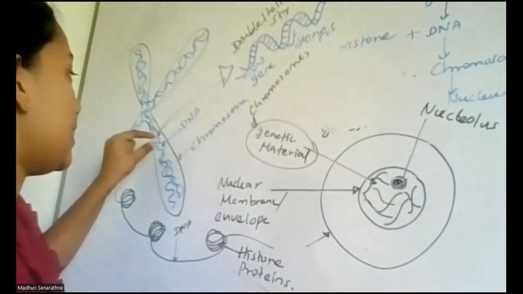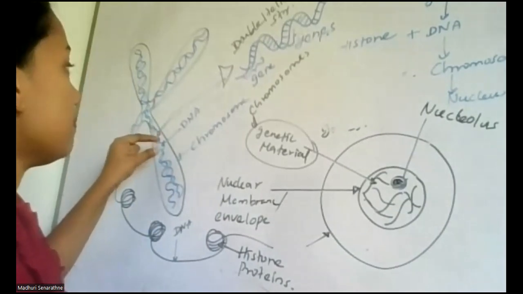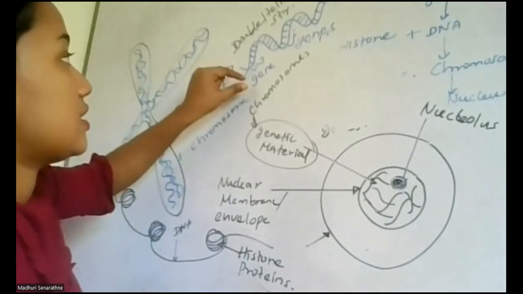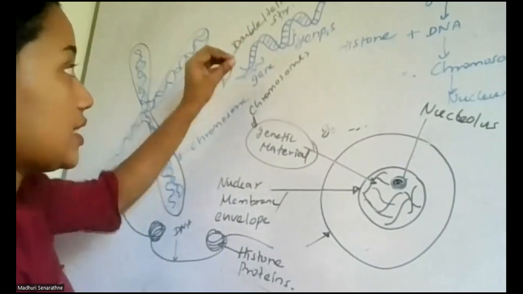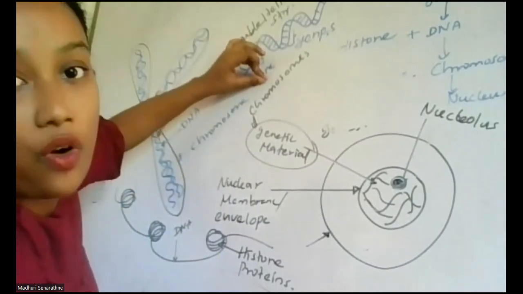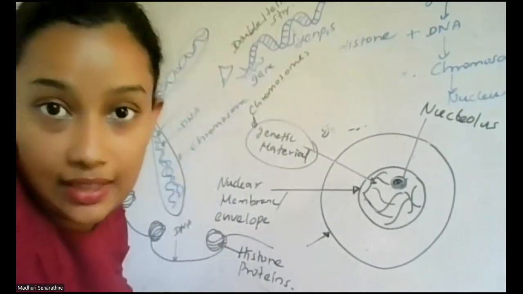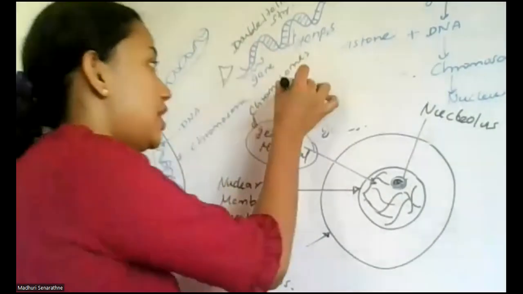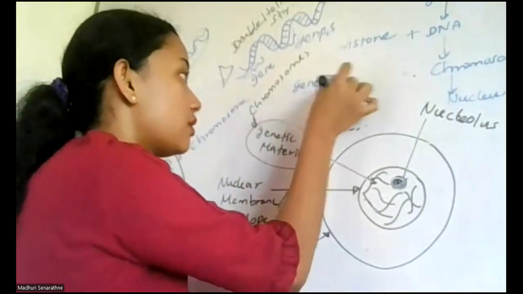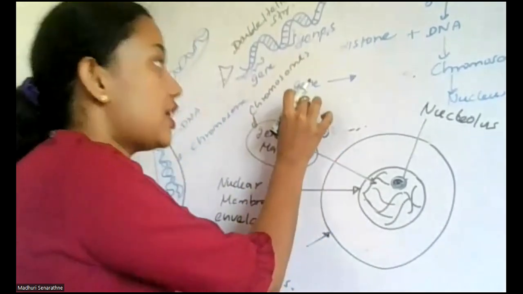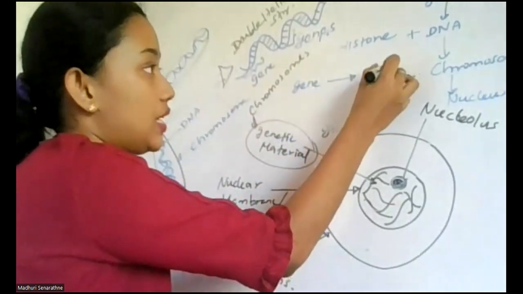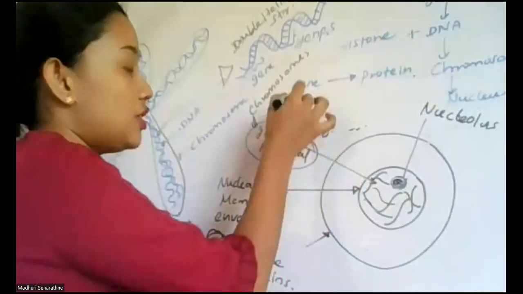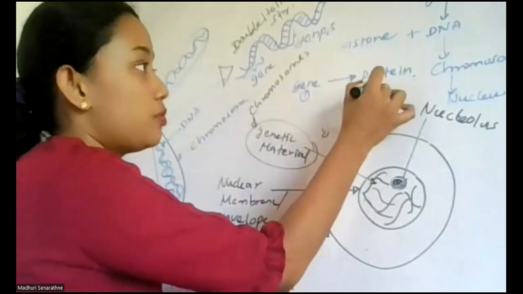A single DNA has some gene regions and non-gene regions. Actually, these genes are involved in our protein synthesis. Genes control each protein. Gene 1 may produce protein 1.